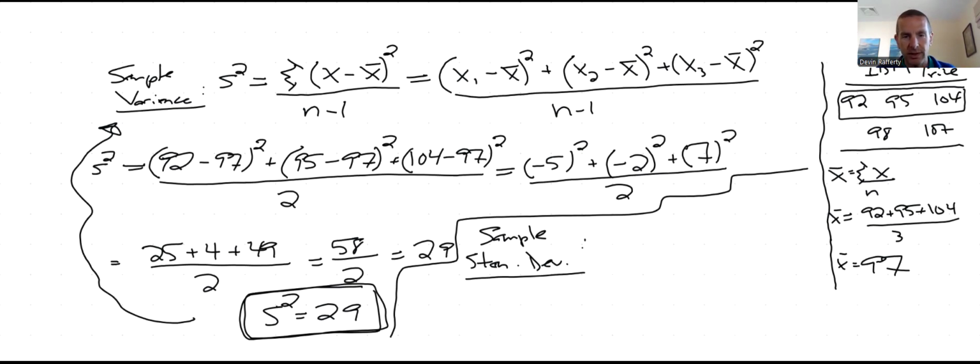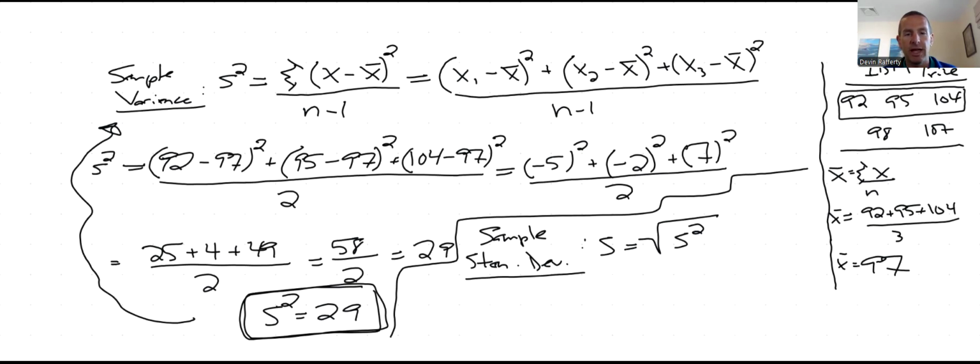Let me write this a bit more accurately. The sample standard deviation is S, because S will be the square root of S squared. Simple enough, right? The square root of S squared will become S.